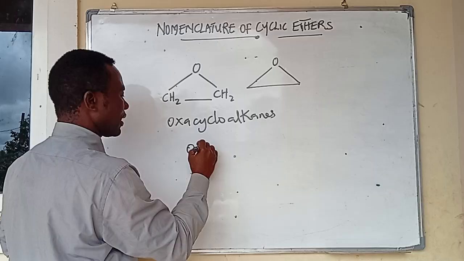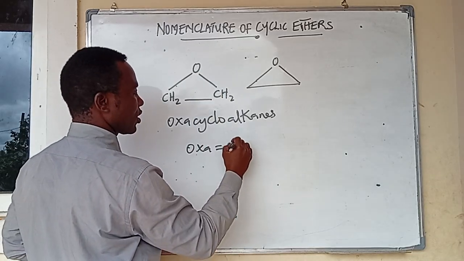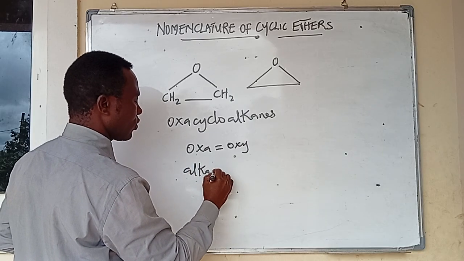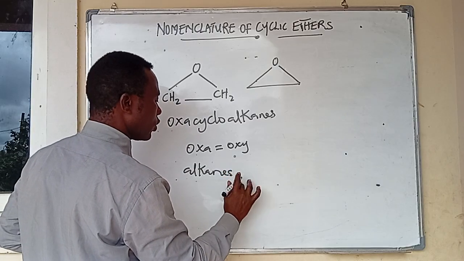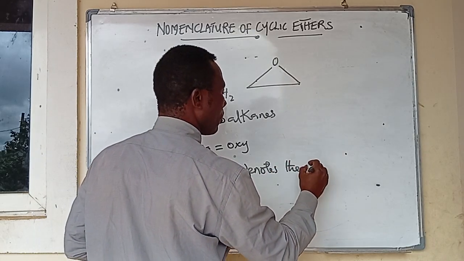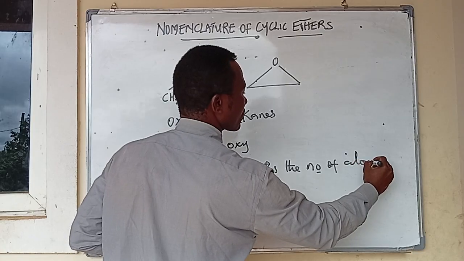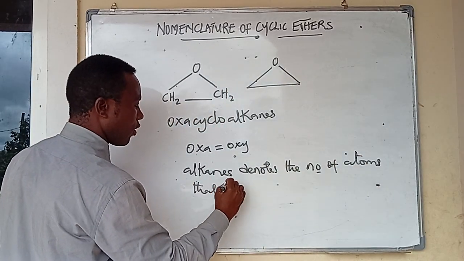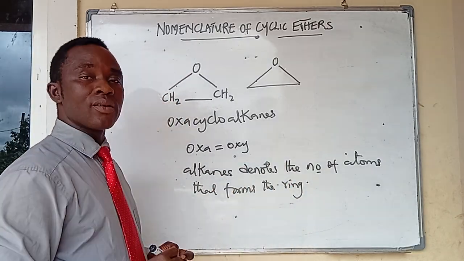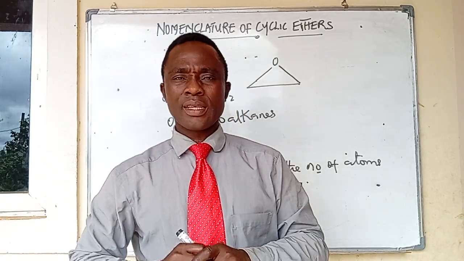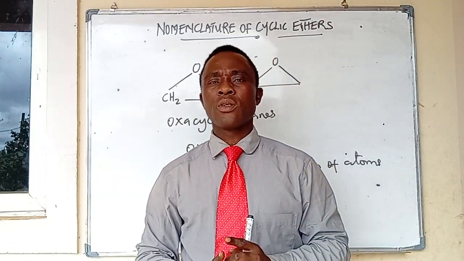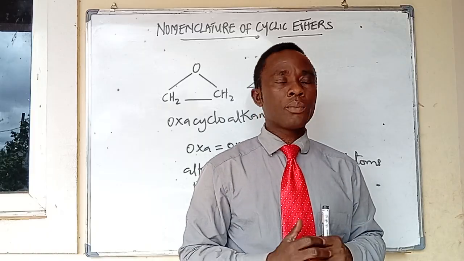The oxa there is because of the presence of oxygen, while the alkane denotes the number of atoms that form the ring. The number of atoms that form the ring, not necessarily carbon, because the ring is formed with carbon and oxygen. So the total number of atoms, including carbon and oxygen, that forms the ring.